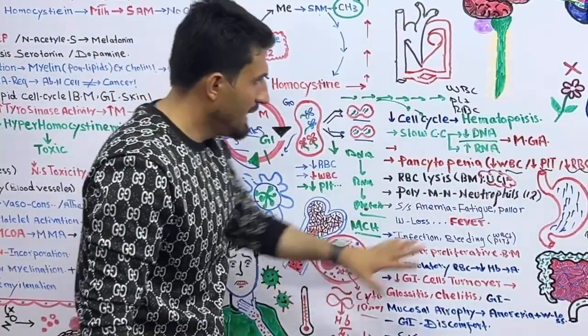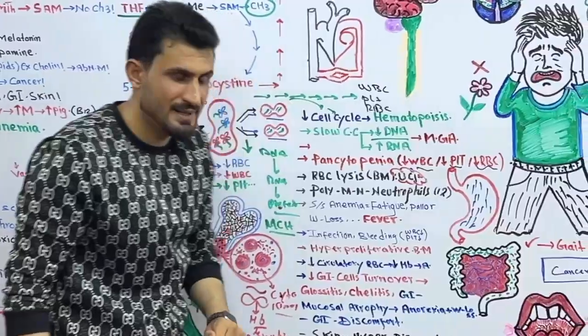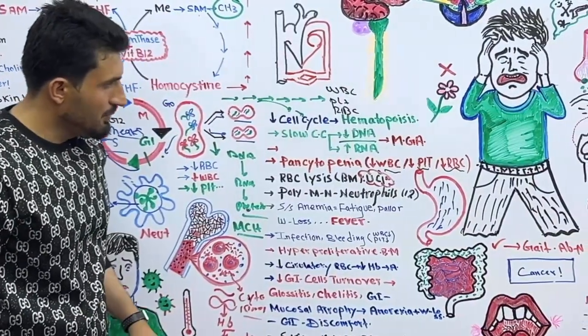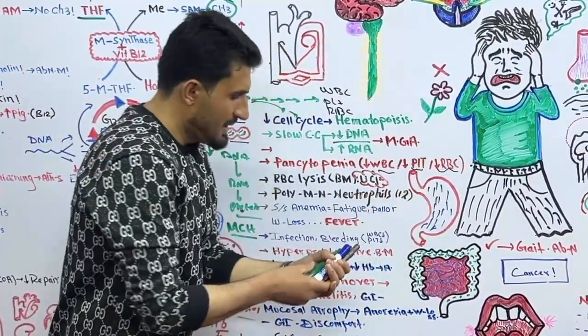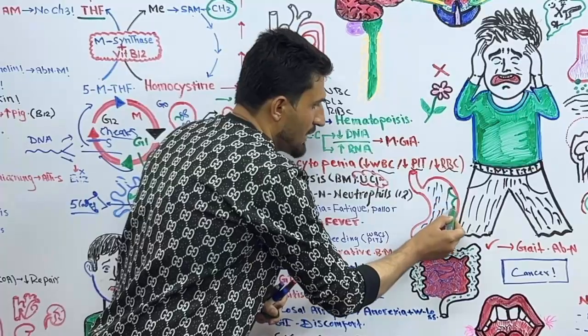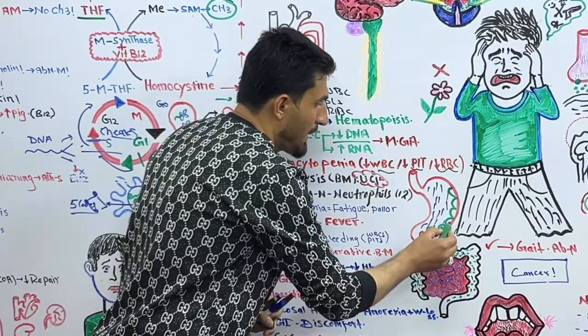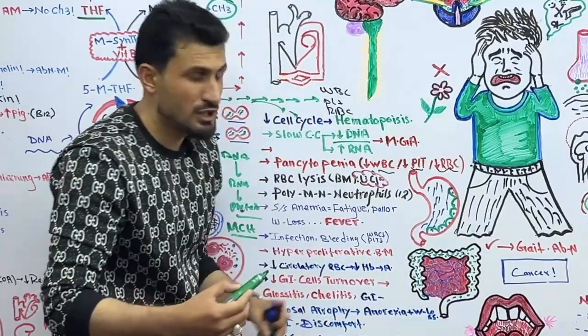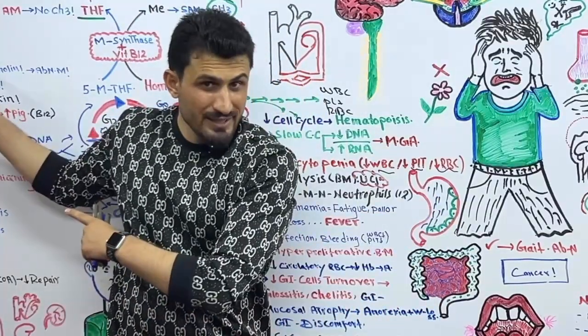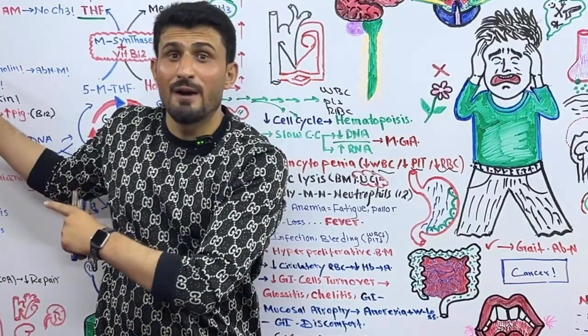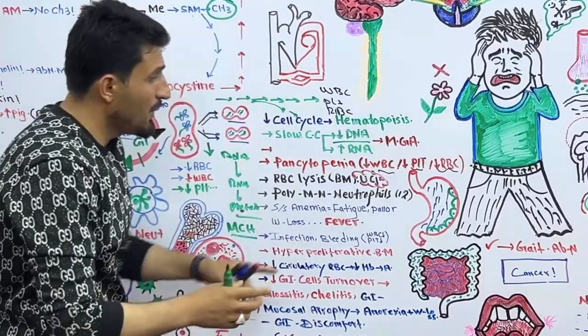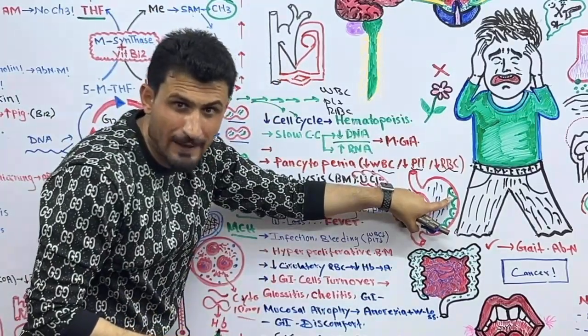For example, in our GI system we have mucosa, and in mucosa we have epithelial cells. So for rapid production of epithelial cells, we need a lot of thymidine. When we don't have enough thymidine, we cannot make enough cells.